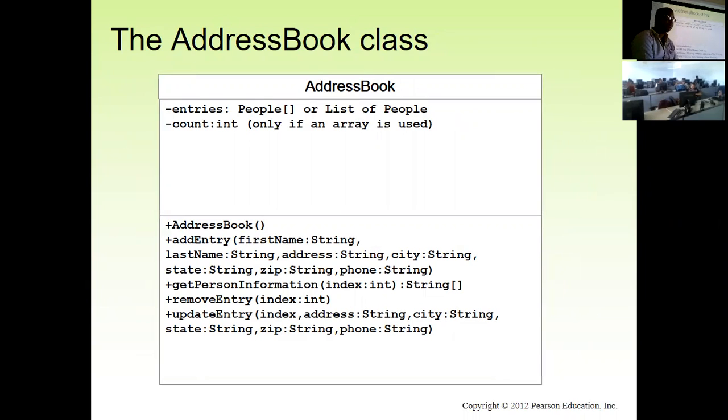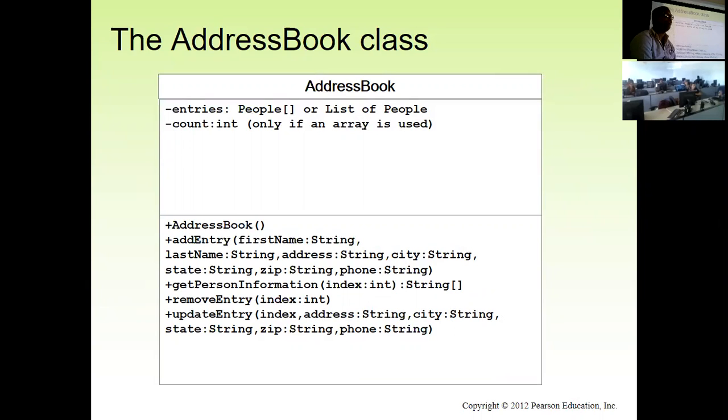So now we can look at specifying the address book class. Notice here, we didn't do it before, the address book is going to be composed of people, a people array, which is going to hold a list of what? Person objects, right?